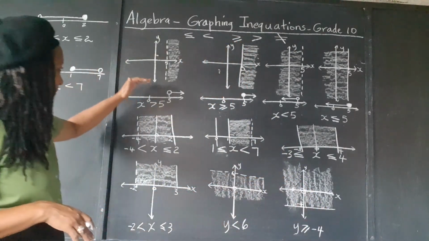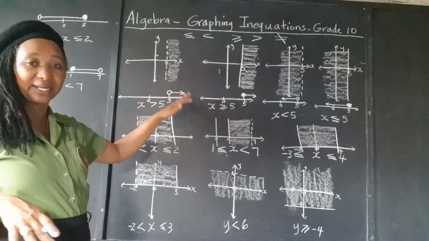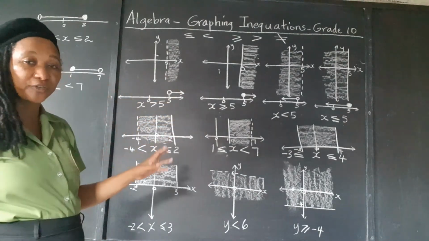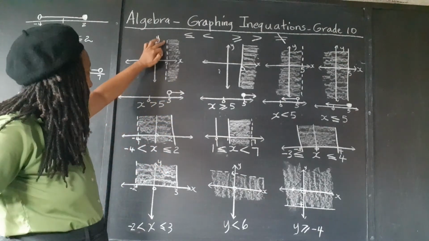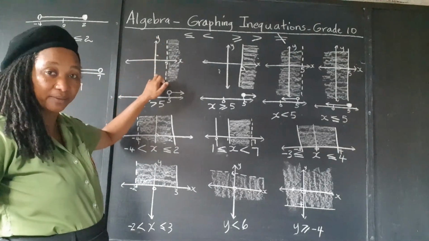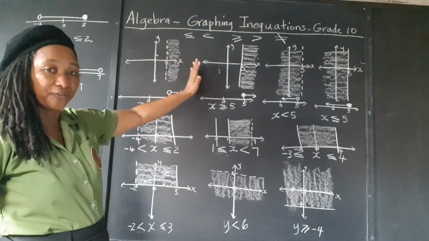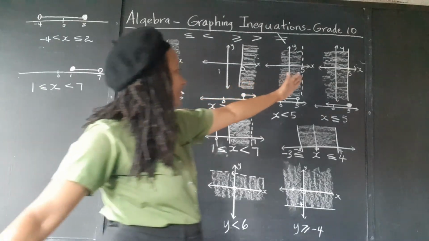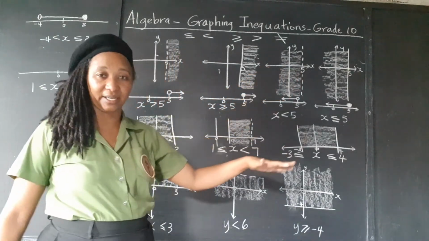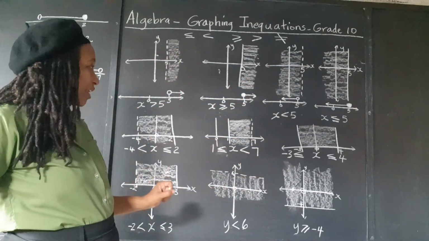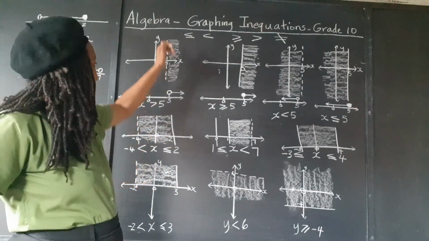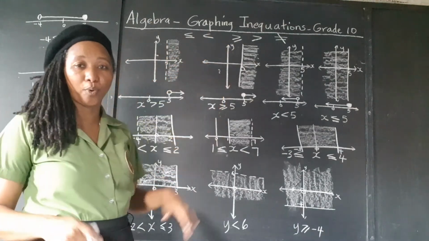On the coordinate plane, on the xy axis, if it's just greater than or just less than, use a broken line, dotted line. Shade to the right for greater than, to the left of the dotted line for less than. And if it's greater than or equal to or less than or equal to, it's a straight line through the point.